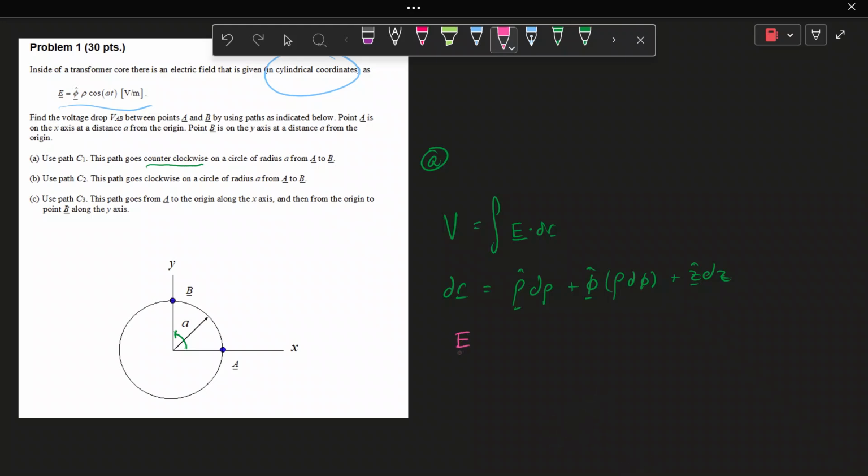So if E is getting dotted with dr, this is going to output a phi hat, right? Because our E component only depends on phi hat. So that means what do we get? Well, we get rho times rho cosine omega t.